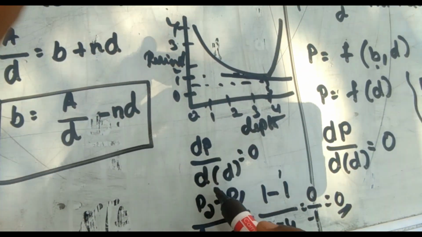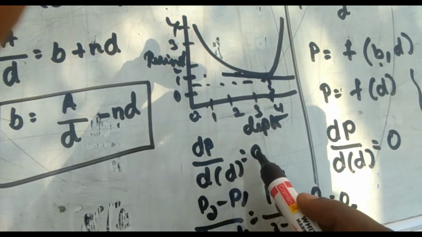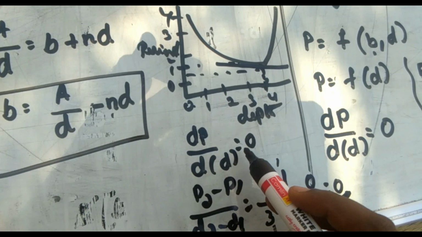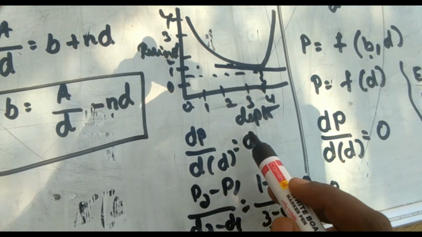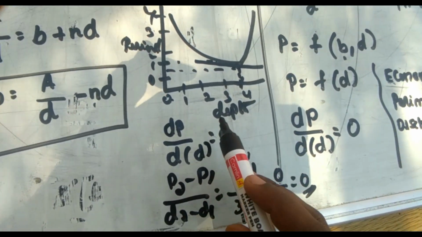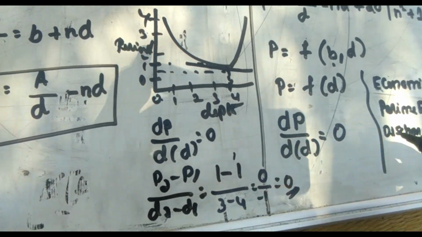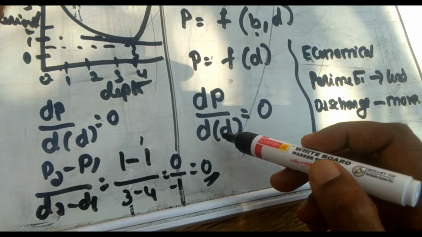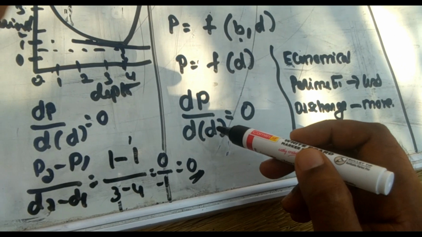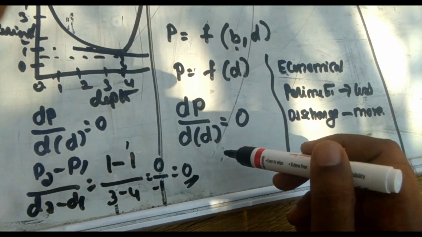If it comes to 0, it means the perimeter is the minimum perimeter value. For that reason we need to make this value 0, so then we can get the breadth and depth of the cross section.